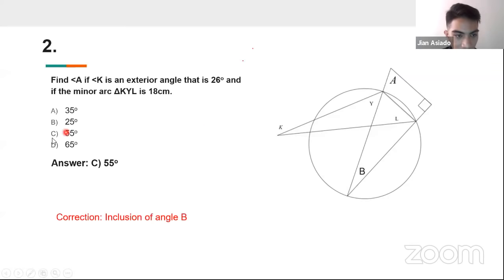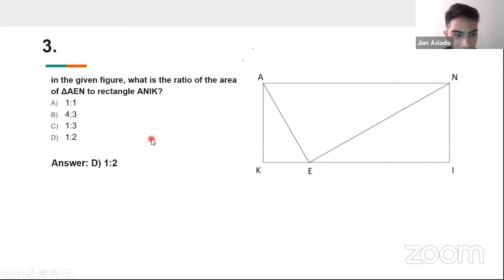Okay. Yeah, this one. Okay, in the given figure, what is the ratio of the area of triangle AEN to rectangle ANIK? Okay, so this one, this is pretty easy, no? Maganda din i-visualize natin.